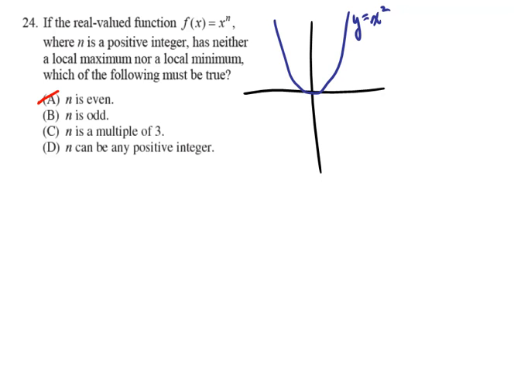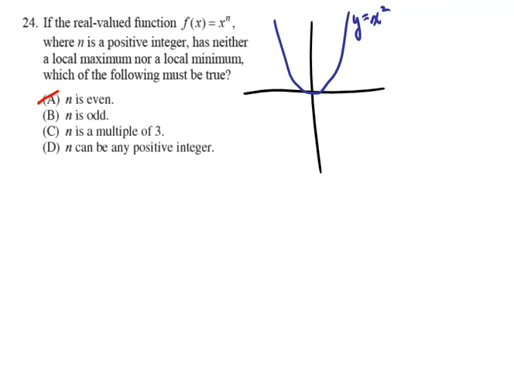Now if n is an odd number, and again I should say that you cannot find any cases of an even power polynomial that does not have a local maximum or a local minimum. They don't exist.